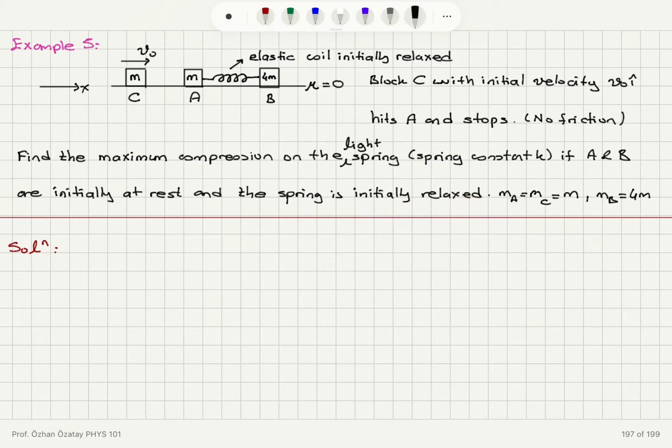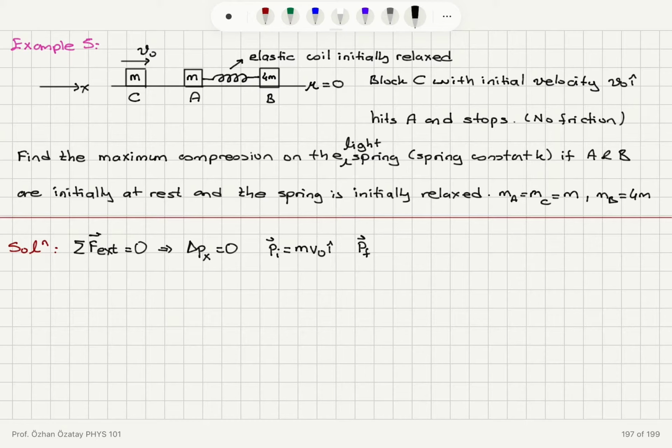Okay. So for this system of A, B, and C, the net external force acting on the system is 0. So we're going to have no change in the linear momentum in the x component because we don't have any forces on the x-axis. The initial linear momentum is m v0 i hat, which is the momentum of C. The other ones are at rest.